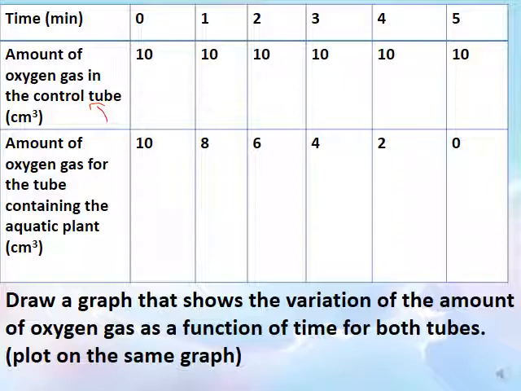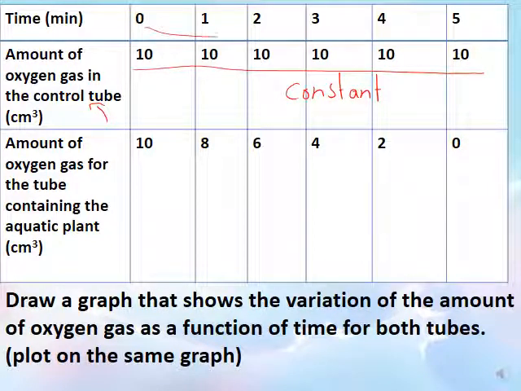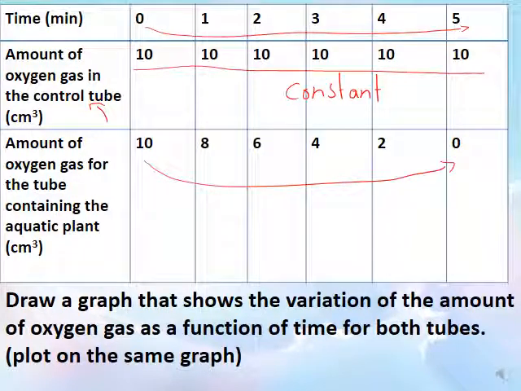As you see here, it remains unchanged, constant at 10 centimeter cube, as the time increases from 0 to 5. Whereas the amount of oxygen gas for the tube containing the aquatic plant decreases from 10 to 0 as the time increases from 0 to 5.